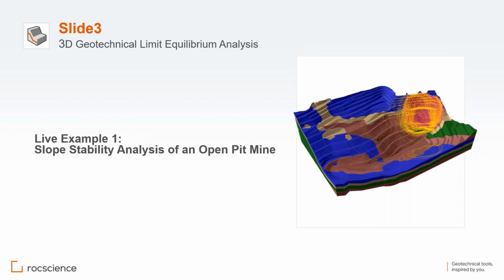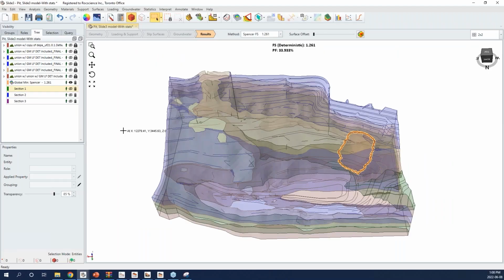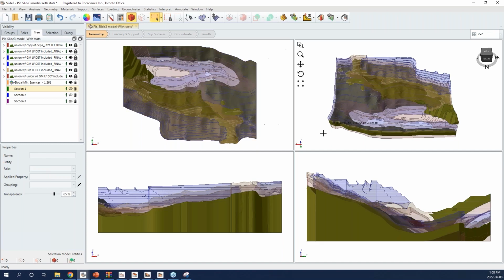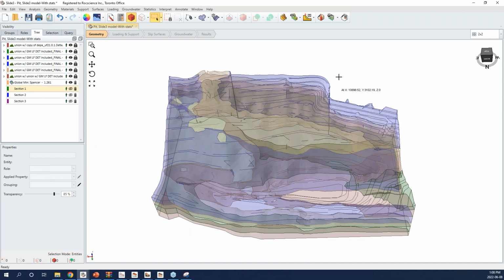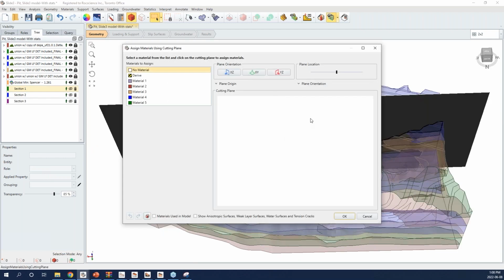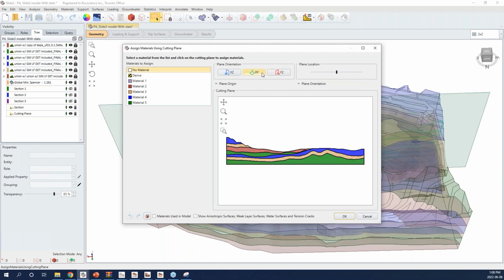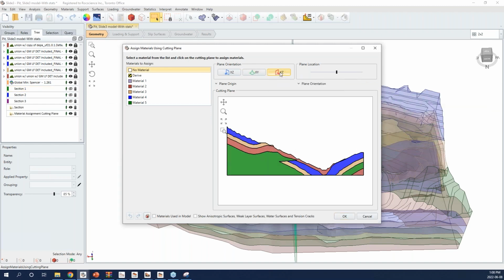In the previous webinars, webinar 1 and webinar 2, I talked about how to set up a 3D model, a 3D geometry. Similar to this model that I started from scratch, you can see the 2D section cuts, how we have the model, and how we define the material layers.